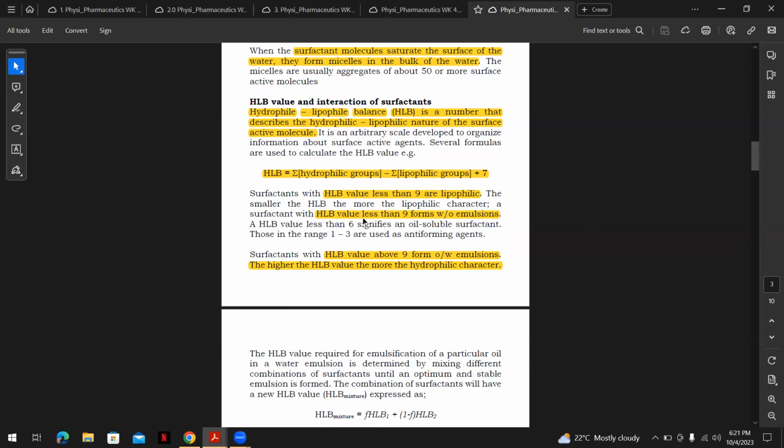An HLB value of less than 6 signifies an oil-soluble surfactant, and those in the range of 1 to 3 are anti-foaming, so they won't form foam. But those that have an HLB value above 9 form oil-in-water emulsions.